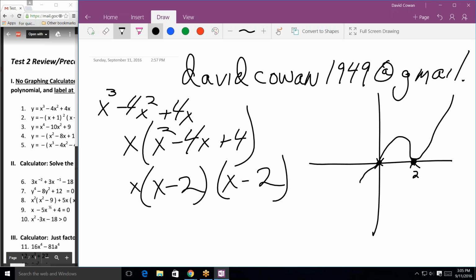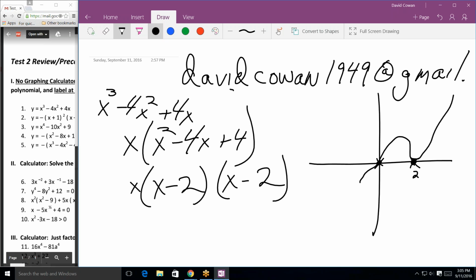In other words, if this was x minus 2 times x minus 2 times x minus 2, it would go through that point. But the fact that it's even multiplicity means that it's going to kiss the x-axis only and go up from there. Okay. So they said label one point between the x-intercepts.